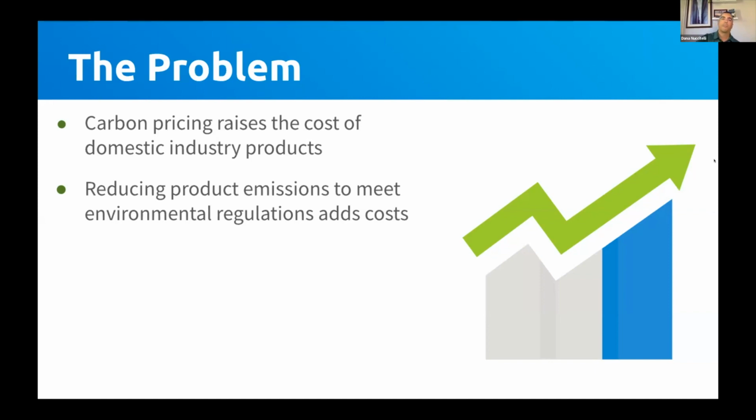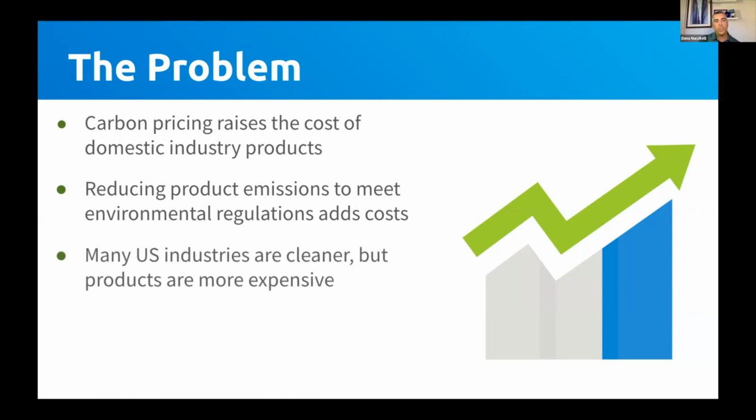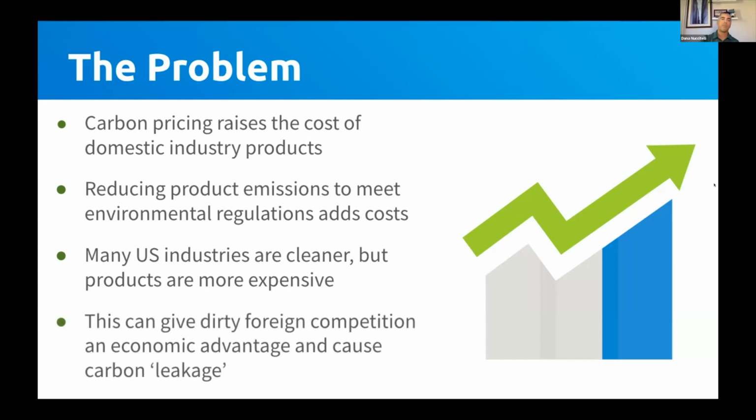And so as a result of these regulations that we have in place, and if we can get a carbon price in place, that will help also make US industries even cleaner, but they already are relatively clean, relatively low carbon. But as a result of the costs imposed in meeting those regulations, that makes our products more expensive than a lot of dirtier foreign competitors.